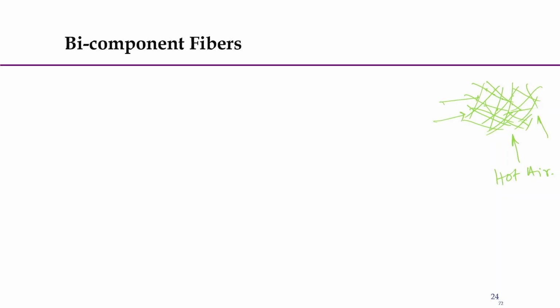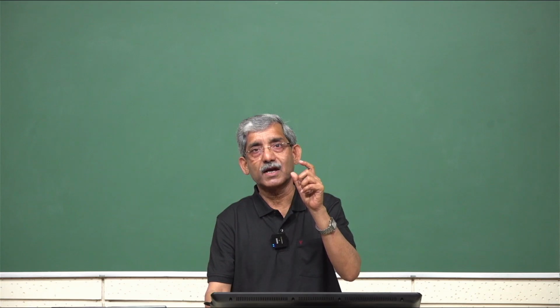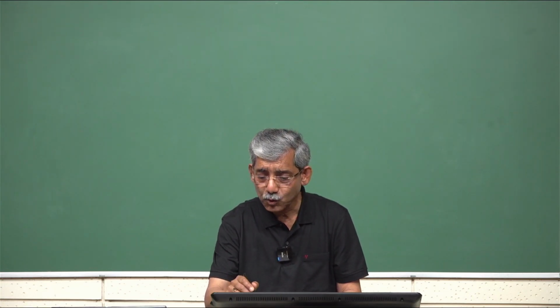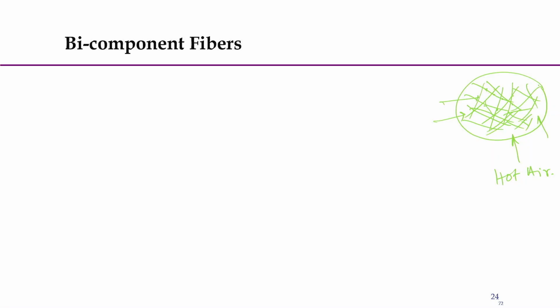If we do not use the bicomponent fiber, the structure gets distorted and compressed, and the total characteristics of the structure will change. So, bicomponent fibers are of different types.